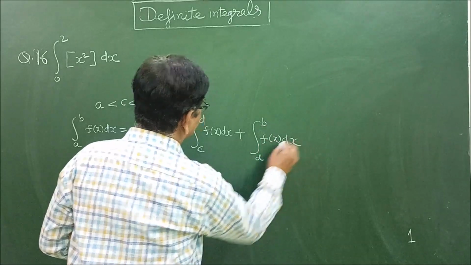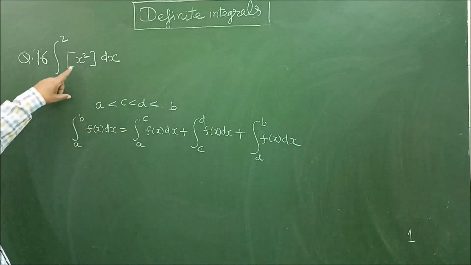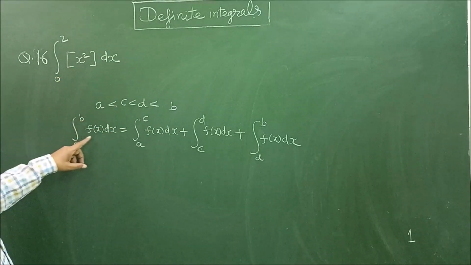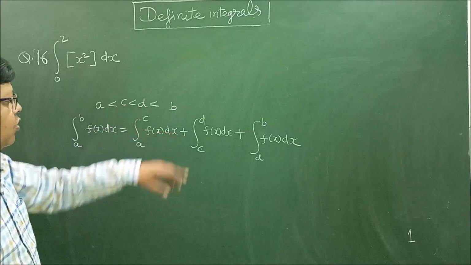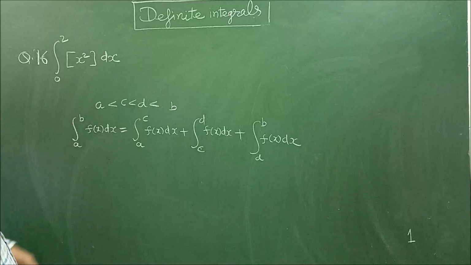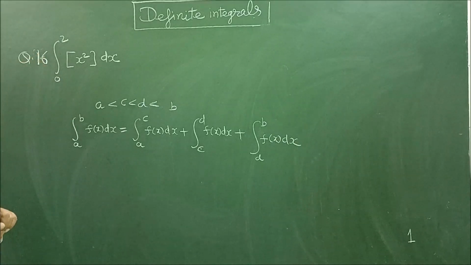So if there are intermediate points between a and b, then we can split the definite integral like this: a to c, then c to d, and then d to b. In this case, the value of x varies from 0 to 2.